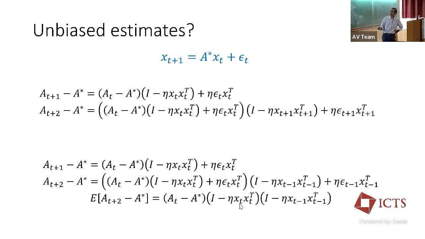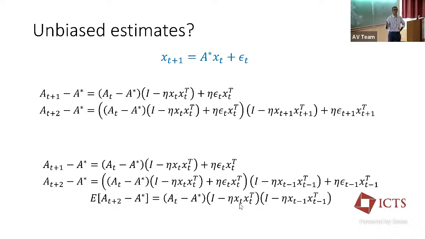So in expectation, basically, what we have is A t plus 2 minus A star is A t minus A star times these matrices that we are multiplying. So as long as we can show that these matrices in expectation have eigenvalues strictly greater than 0, we know that we will be converging towards A star, which seemed much more difficult to show in SGD.